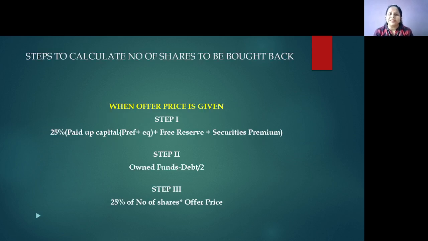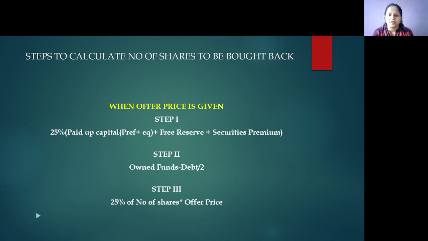These 3 steps are nothing but the 3 rules which we have discussed earlier in the earlier videos also. So we are following those 3 rules while calculating the number of shares to be bought back. That is the basic thing. So let us understand what the 5 steps are, and when these steps are to be used: when the offer price is given but the number of shares is not given, that means difficulty level 2.